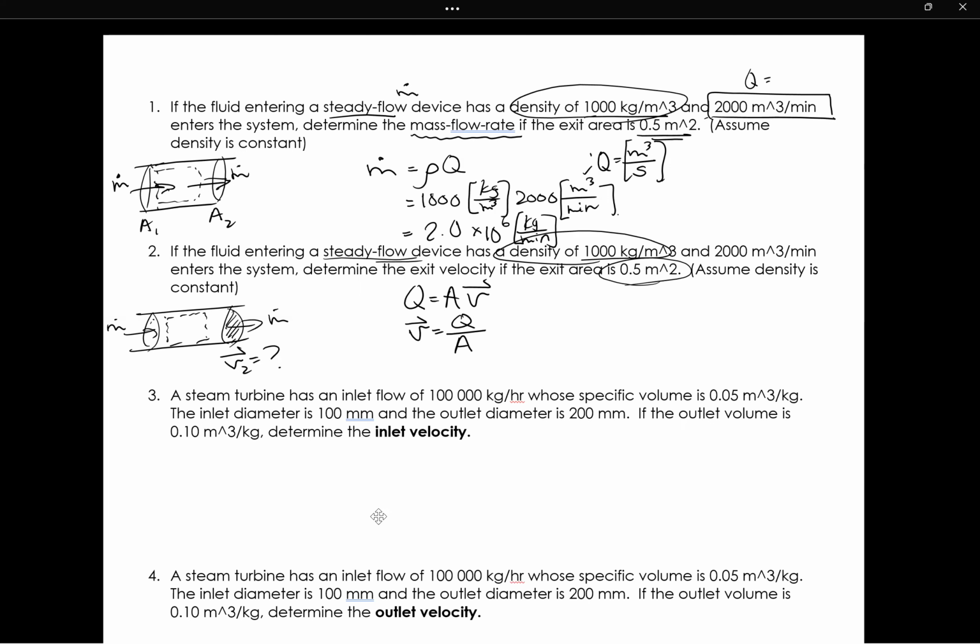It would be 2,000 meters cubed per minute over 0.5 meters squared, which is going to give me 4,000, one significant digit, meters in a minute.